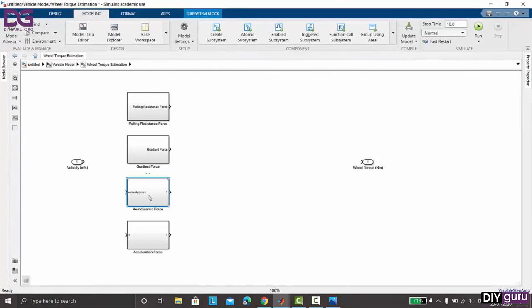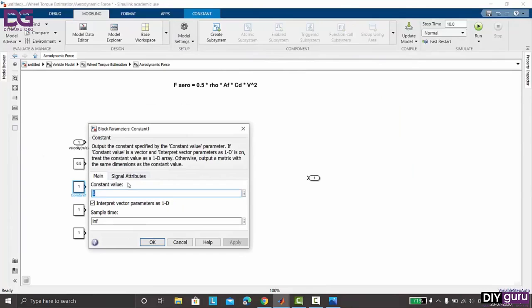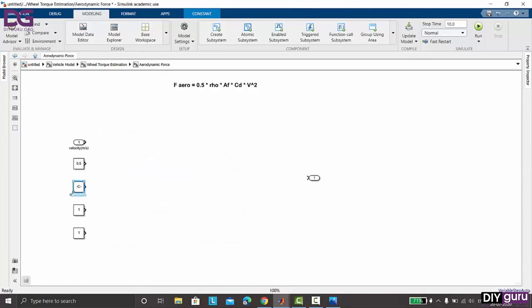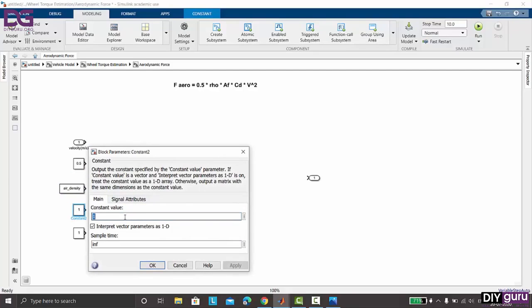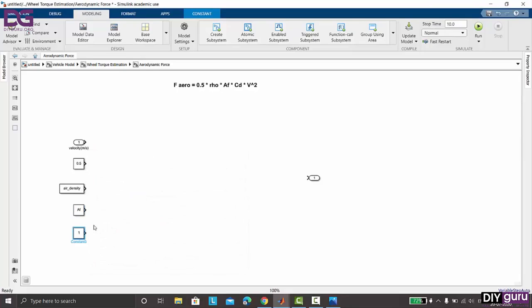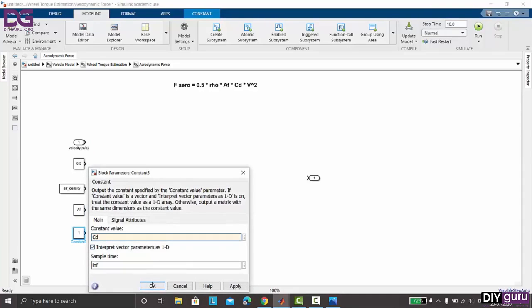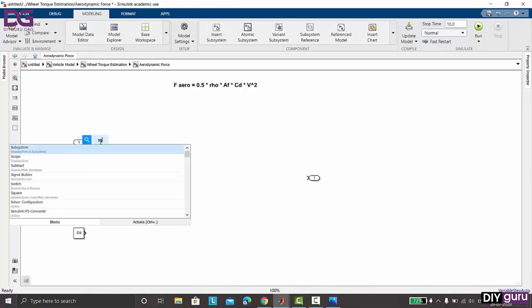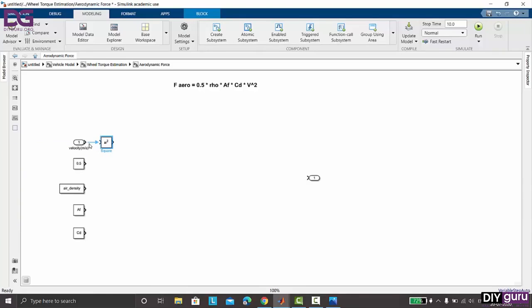Go to Wheel Torque Estimation Aerodynamic Force, Air Density, then Frontal Area and Coefficient of Drag. Here we have to insert the square block for velocity square and the product block.